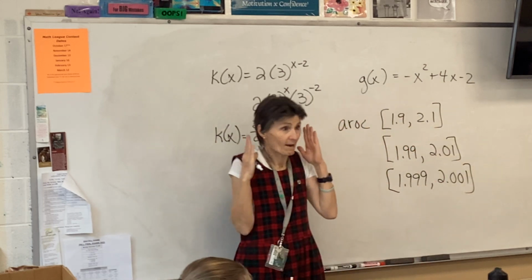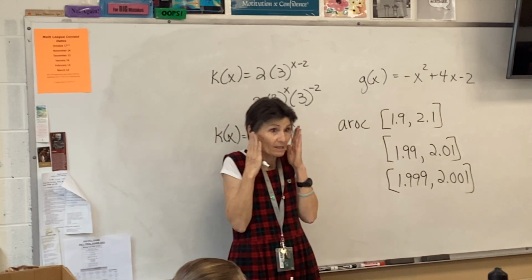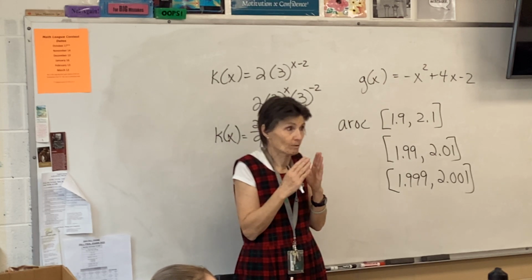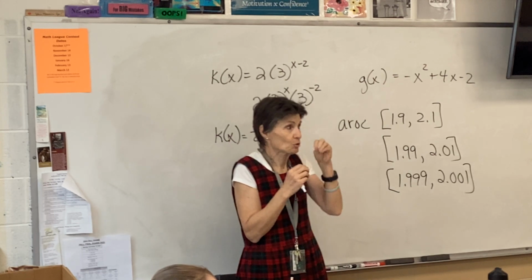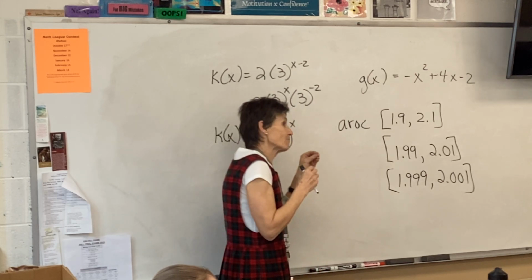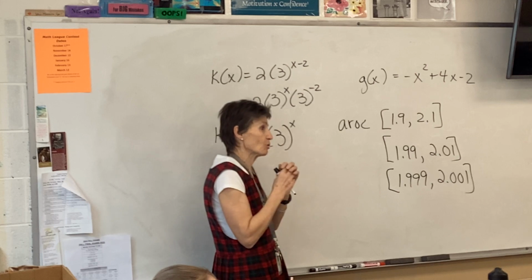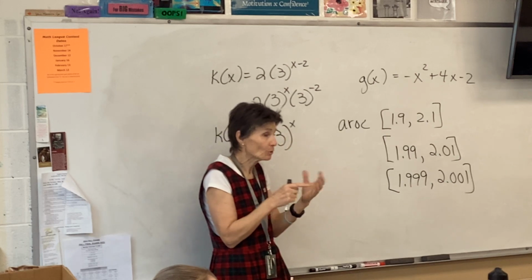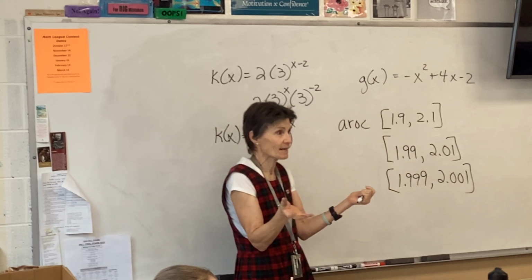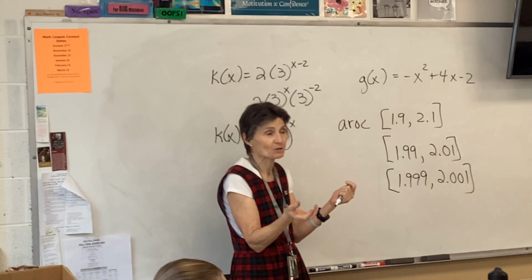Now we're finding the average rate of change here. So are we getting closer to the actual change at 2? Yeah. Now, we need two numbers for this procedure. We need to do f of b minus f of a, right? That's how we find our rates of change.